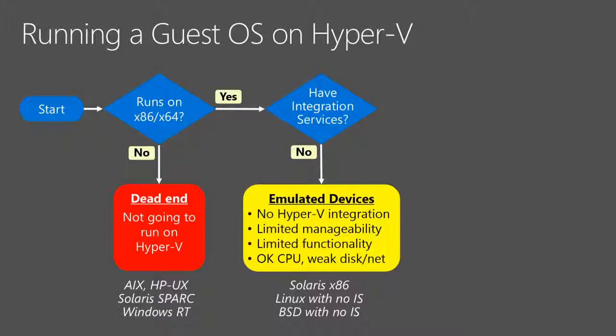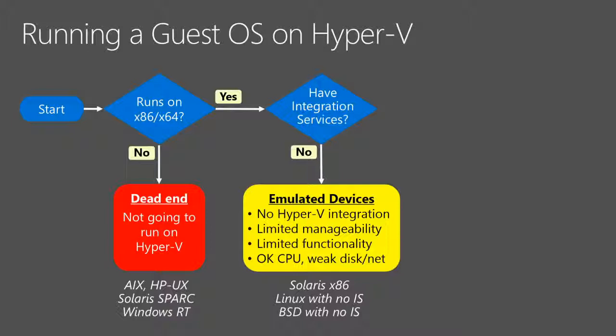From a networking standpoint, I get megabits per second instead of gigabits per second in terms of throughput. Basic CPU execution is going to be fine. Instruction sets are executing directly in hardware, and so CPU performance is going to be fine. But my disk I/O and network I/O are going to be very limited if I'm running in that emulated mode. I also don't get the advantage of the management integrations that we'll talk about.